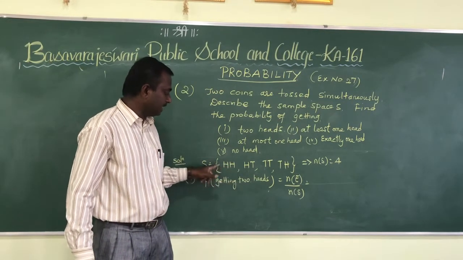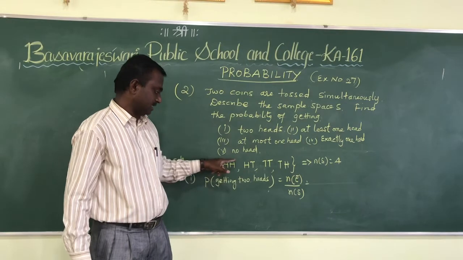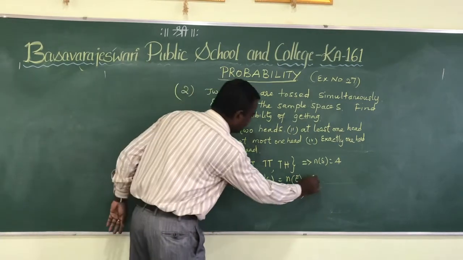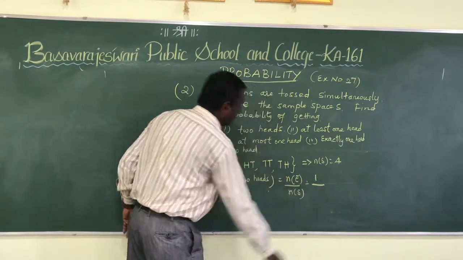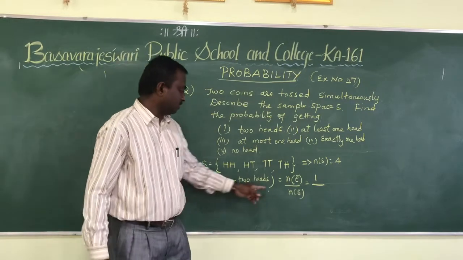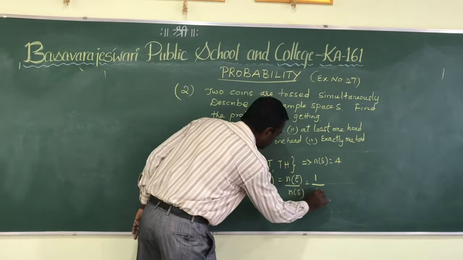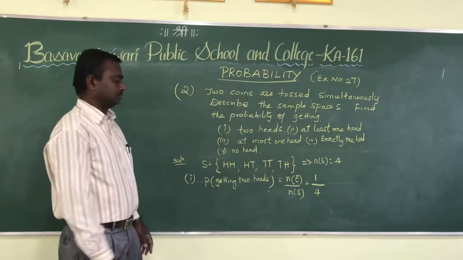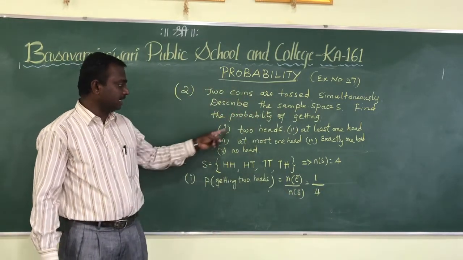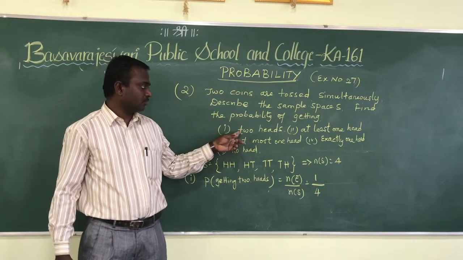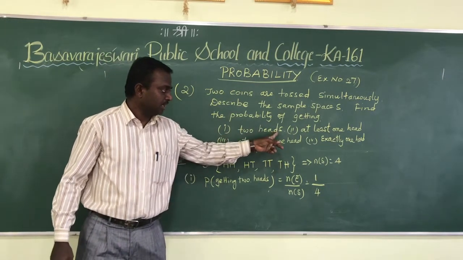Only one time in this set. So therefore, it is 1 by, how many sample space outcomes are there? 4. So therefore, answer is 1 by 4. So this is the answer for the first question, probability of getting two heads.